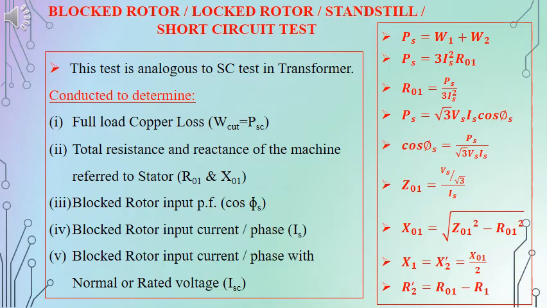Z01 is equal to VS divided by root 3, divided by IS, that is the total impedance referred to the stator. X01 can be calculated from the impedance and resistance referred to the stator side, that is X01 is equal to root of Z01 square minus R01 square.